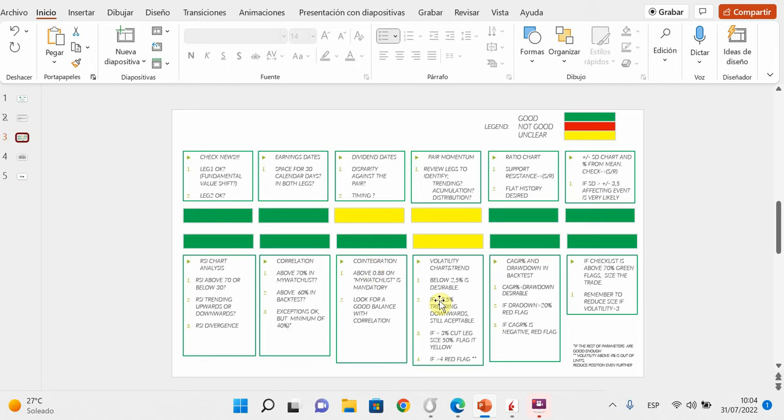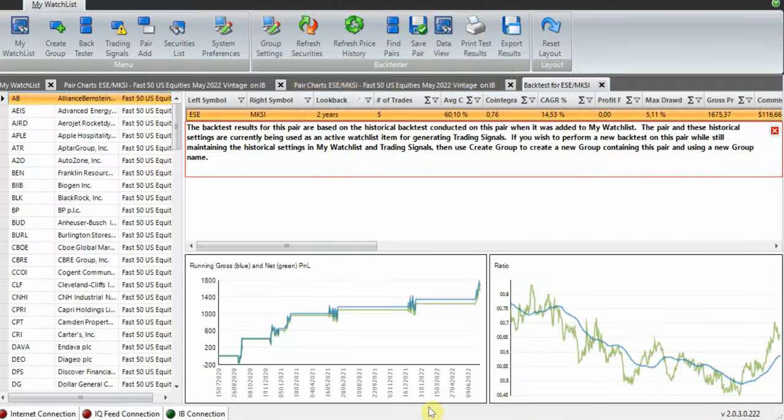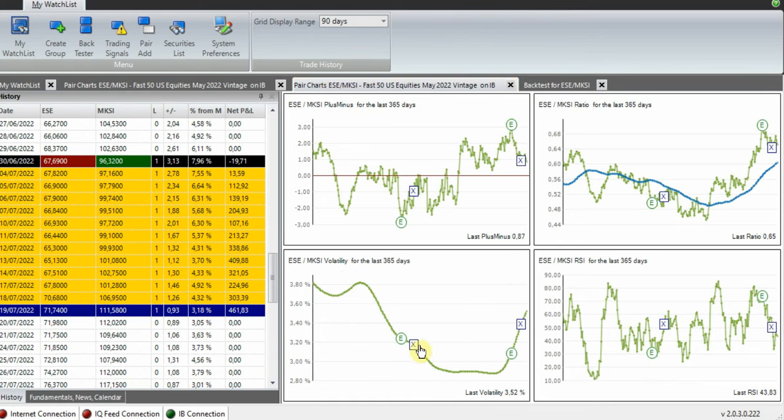Volatility box, we go back again, and you can observe here that the volatility was slightly high, it was 3%. We would like to see this below 2.5, and it was trending up. So this is clearly a yellow at least, and what we are going to do is also reduce size.